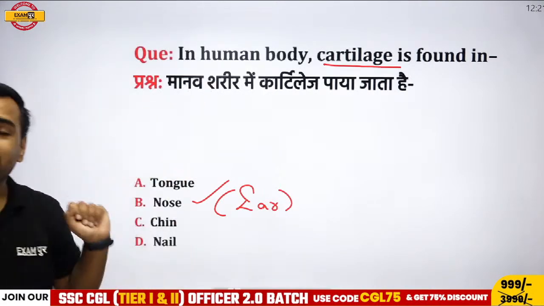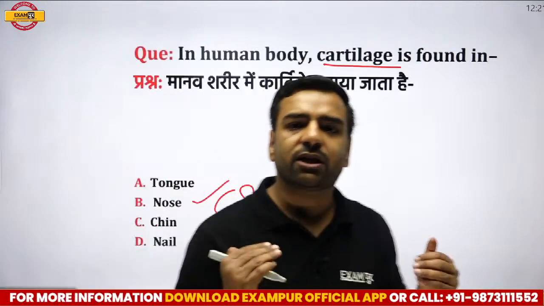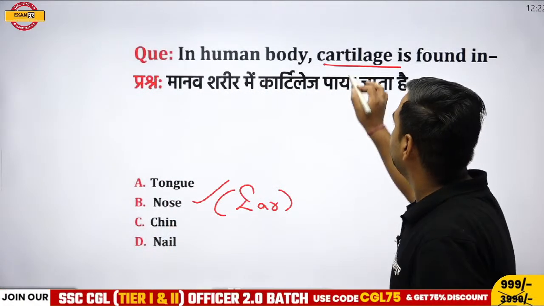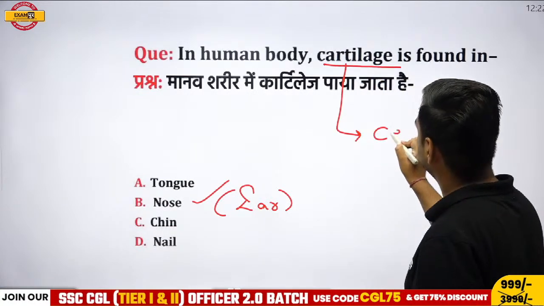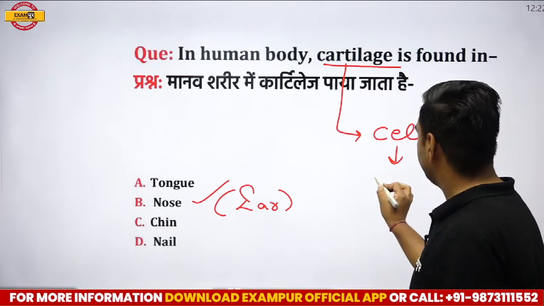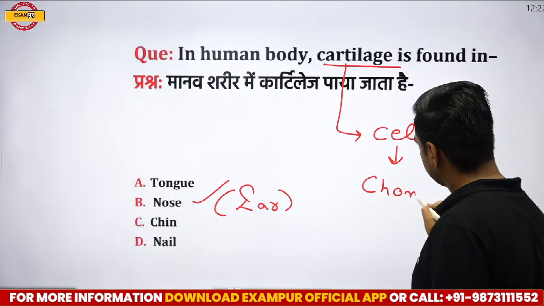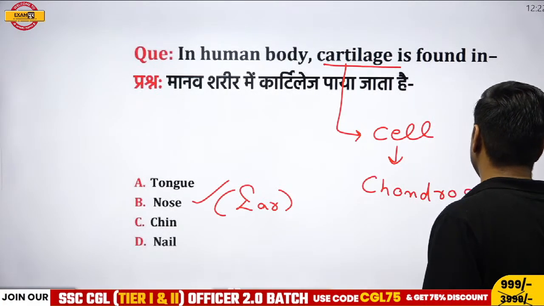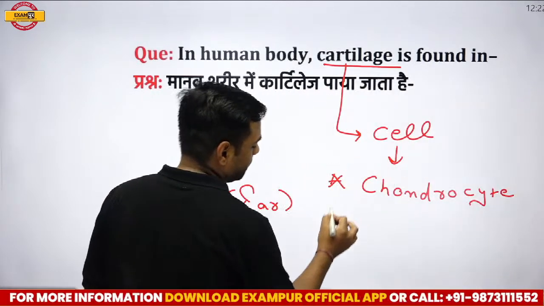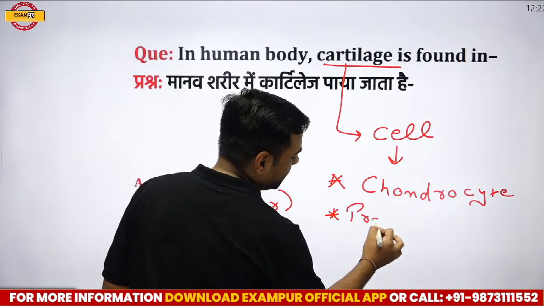Now, the question may be, these particular cartilages are made up of which cell? Please remember, the cell from which this cartilage is made is chondrocyte. Next question can be, which is that particular protein which is present here?